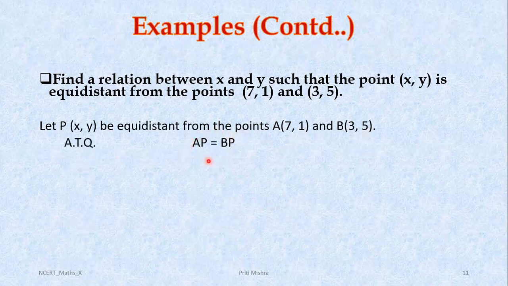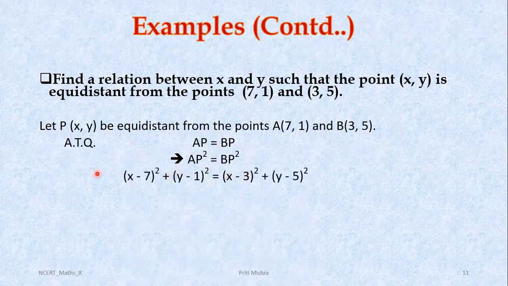So according to the question, AP is equal to BP, if P is denoting the point (x, y), A is denoting the point (7, 1) and B is denoting (3, 5). So AP will be equal to BP. Now we can write AP square is equal to BP square.